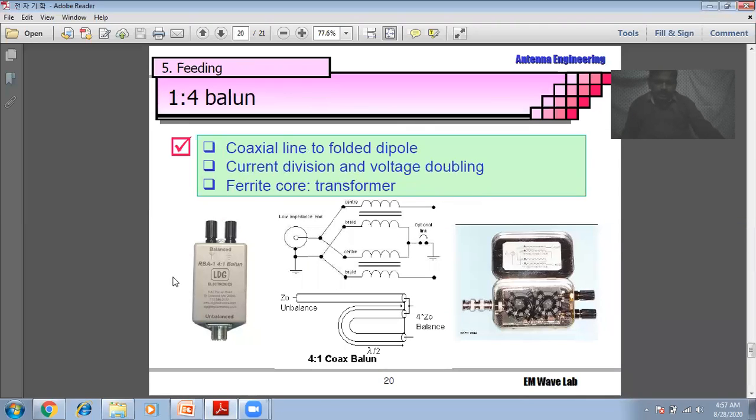So this is called a balun, a balanced to unbalanced transmission line. Physically, the balun can be seen like this. These two ends are connected to the half wave dipole at the center. On this side, we are connecting a coaxial cable. That picture can also be seen here.